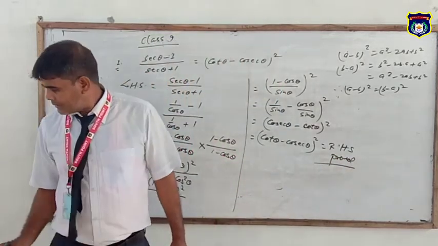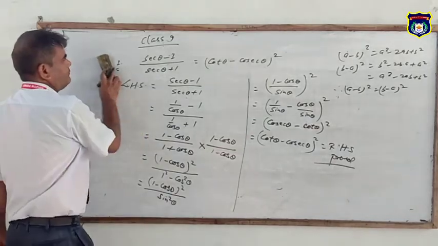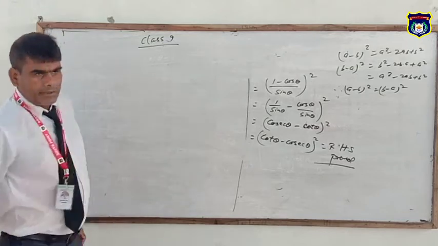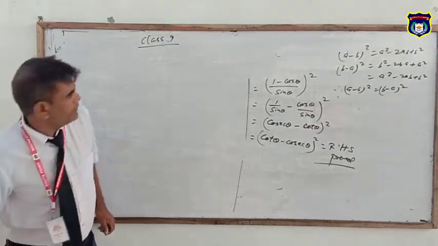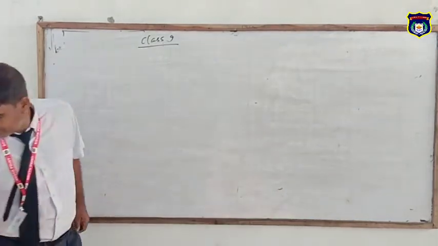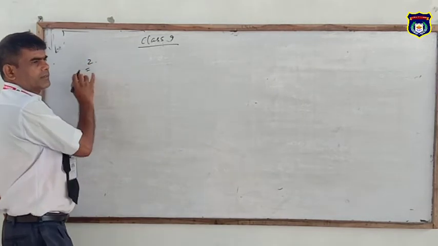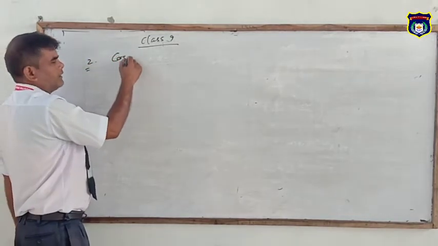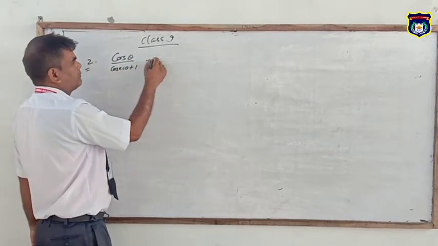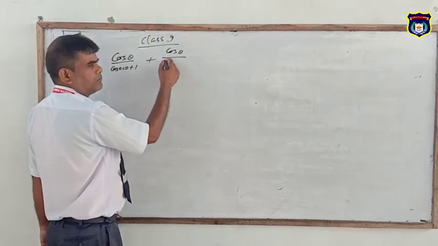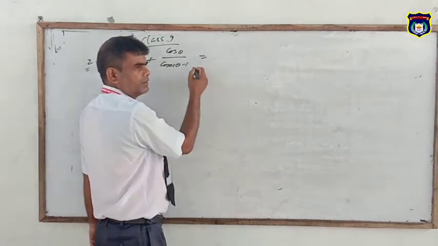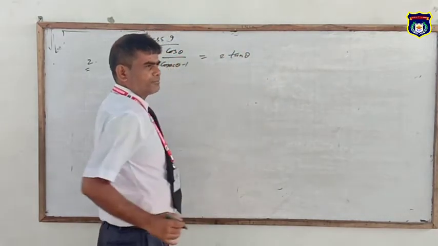Similarly, for the next question. Next question is cos theta by (cosec theta plus 1) plus cos theta by (cosec theta minus 1) is equal to 2 times tan theta.